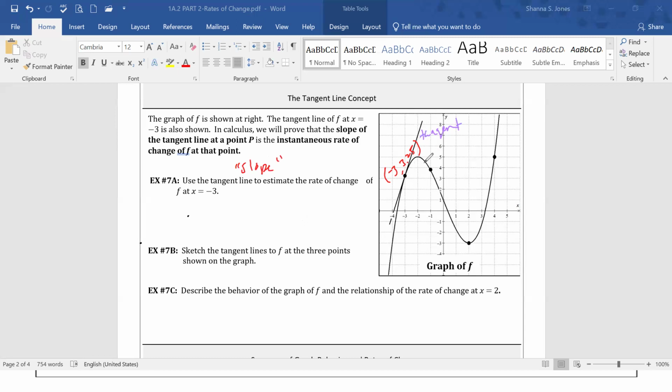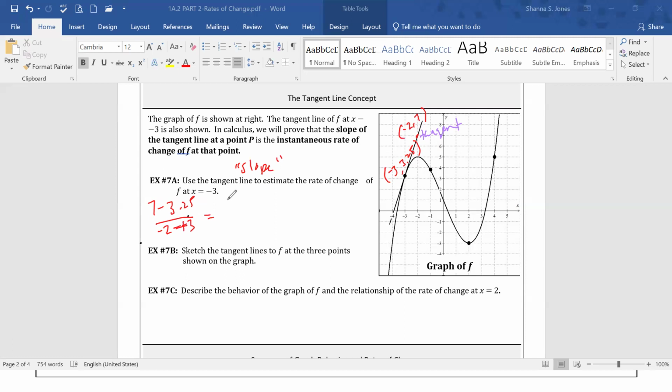In order to find the slope of the line, I need to have 2 points, correct? So we have our -3 and 3.25. If I follow this line, it looks like -2 is at 7. Can I find the slope of the line? Yes. So we're using -2, 7, and that's going to give us 7 minus 3.25 divided by -2 minus -3, and a negative times a negative makes a positive.